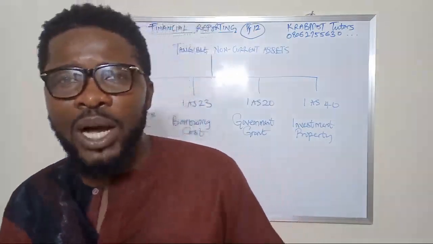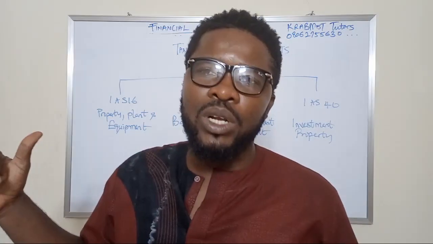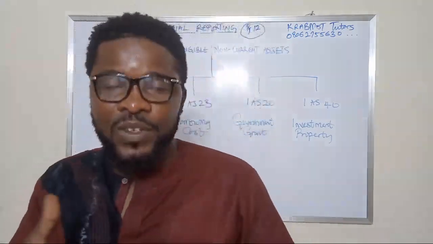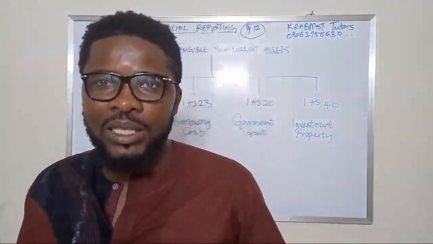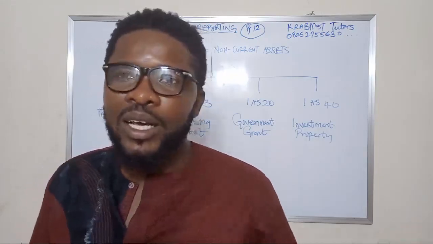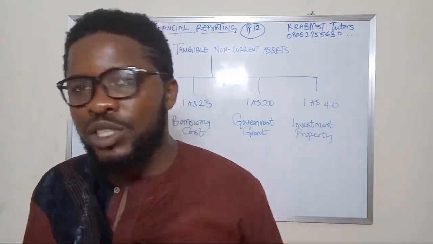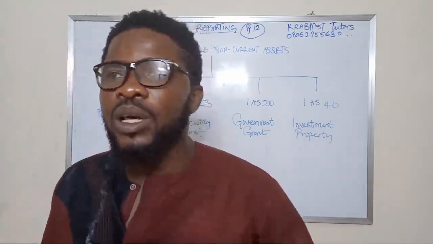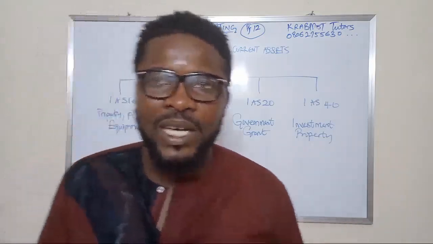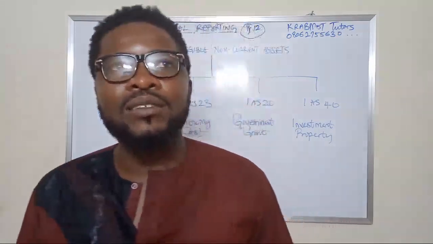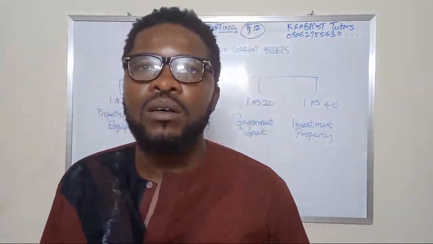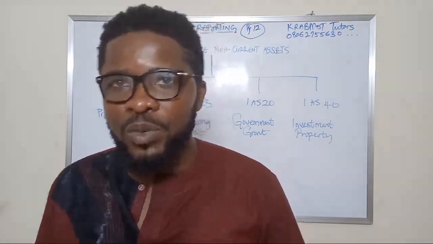On page 21, you will see what we actually have on the board here in terms of the categorization of the non-current assets into IAS 16, which is property, plant and equipment, IAS 23, which is borrowing cost, IAS 20, which is government grants, and IAS 40, which is investment property.